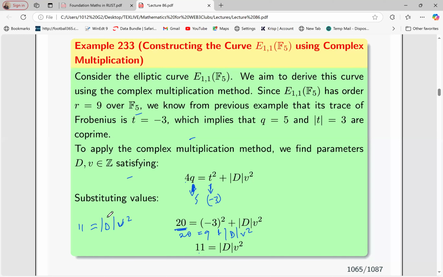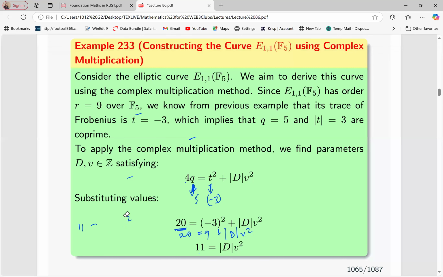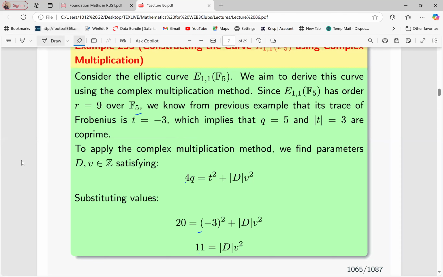It's from this point that we want to check what values d can take and what values v can take from this equation. So let's look at it together and see what our d and our v can be. Just reason from this equation.